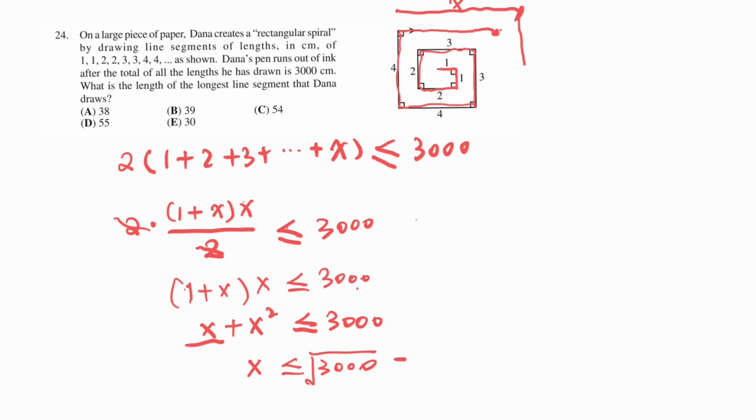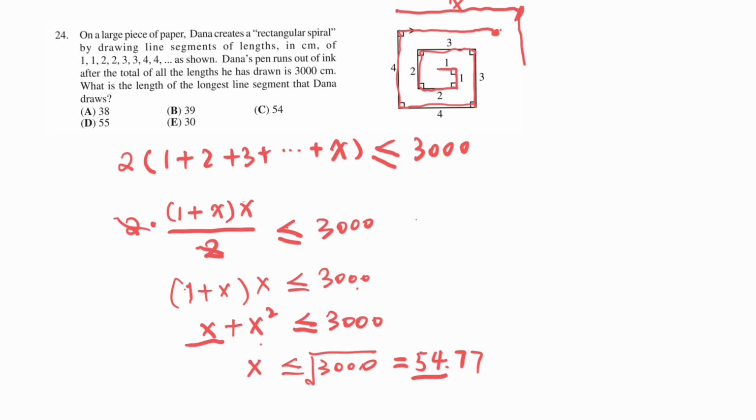It gave us 54.77 something. So because x squared plus x is less than or equal to 3,000, the number will be 54.